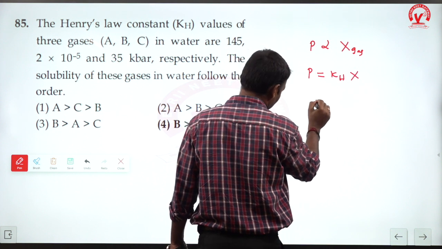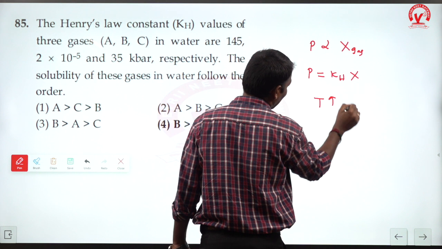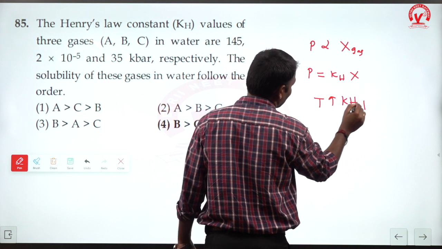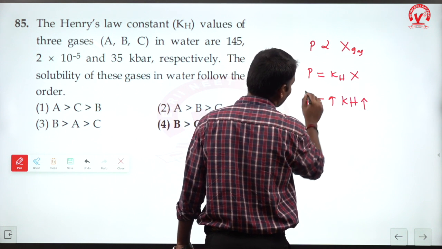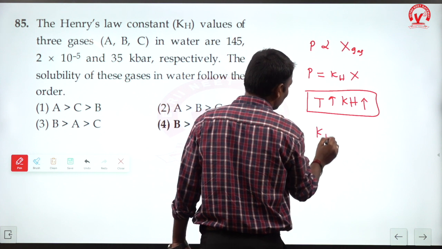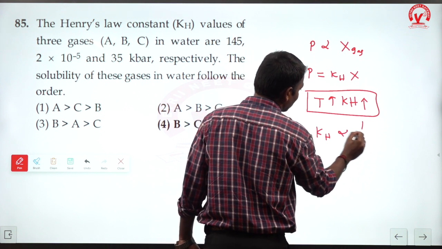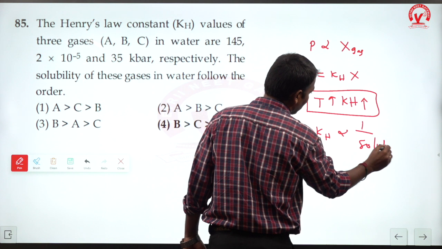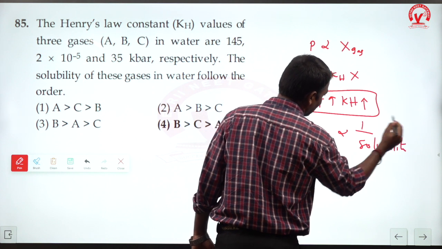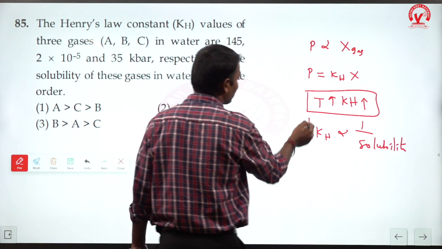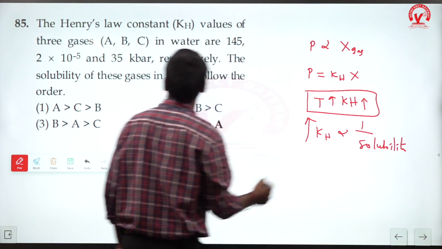Here, as temperature increases, the KH value increases. KH value and solubility are inversely proportional according to Henry's law, so as the KH value increases, solubility decreases.